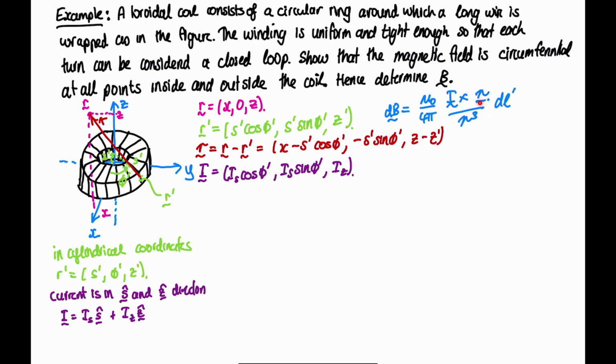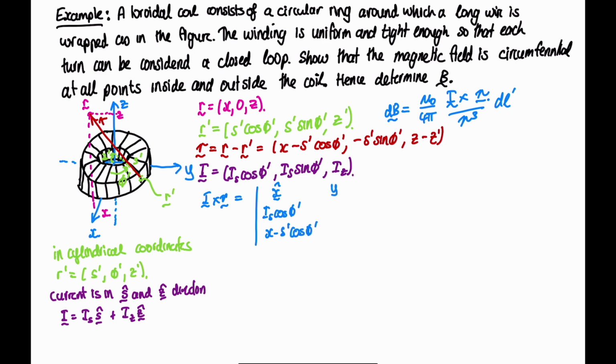So this is the hard part of the equation, the cross product part. So what we're going to do now is work out what that cross product is. So we can write, well, I cross curly R is going to be equal to, we've got in the x direction, I is given by I_S cos phi prime, and curly R is given by x minus s prime cos phi prime.